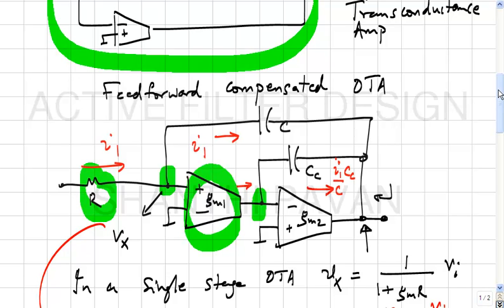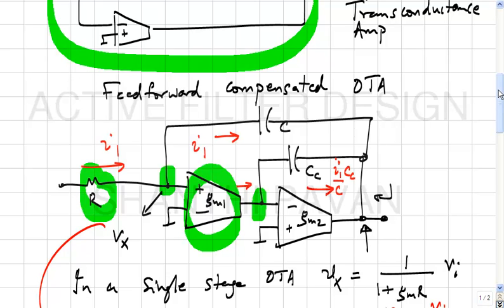So, it stands to reason that you can't implement an integrator whose unity gain bandwidth is higher than the unity gain bandwidth of the op-amp, right.